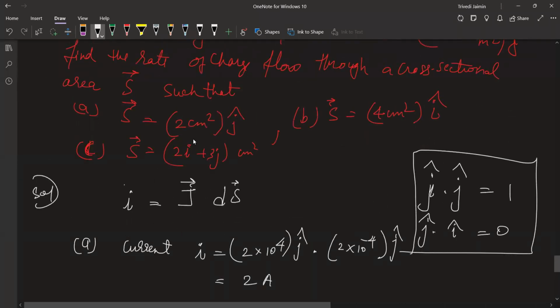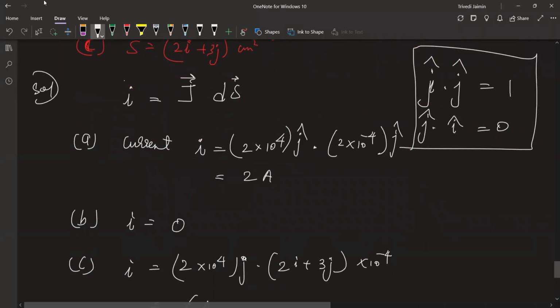Anyone having doubt? Pawan, sir, any doubt? No, sir. Sai Charan? No, sir. Chanmita, are you with us? Yes, sir.